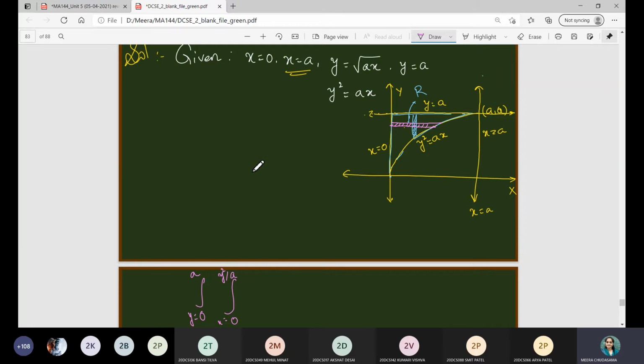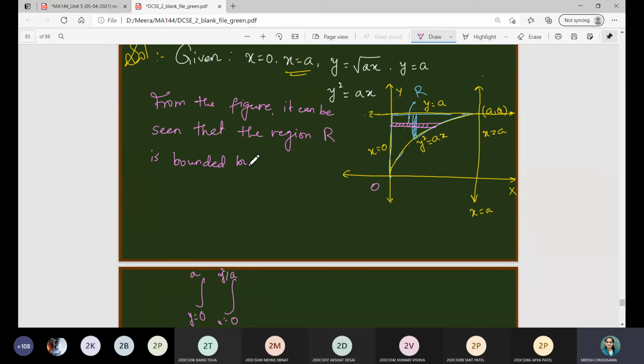Yes. So let us write down the description of this figure, right? So the region R is bounded by the lines.